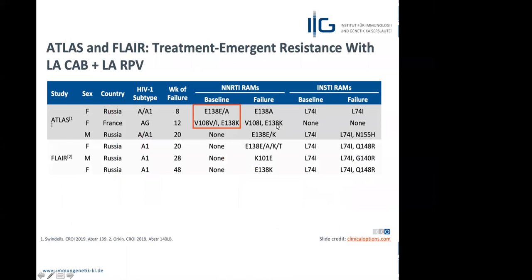But as mentioned before, cabotegravir is not dolutegravir, so drug resistance has been seen in studies and will be seen. And also we do see drug resistance to NNRTIs. So overall, it's quite effective, but we have to be on guard to look for drug resistance, because at least here we do have some concept, and we do understand drug resistance much better than for dolutegravir.